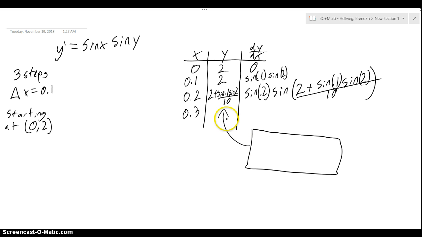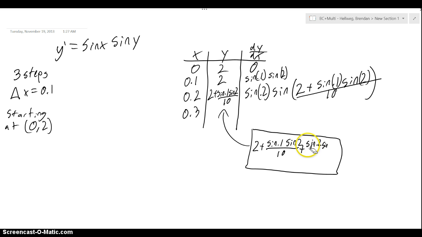It's going to be this prior y value, 2 plus sine of 0.1 sine of 2 over 10, and then plus sine of 0.2 times sine.